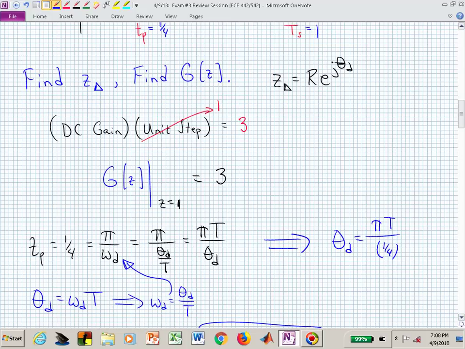And that's now your angle of your dominant poles. And that's obviously going to depend on the sample period, capital T. And that will be some angle, theta sub D, in radians.